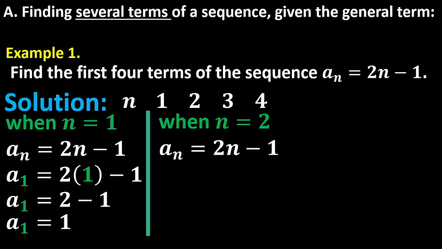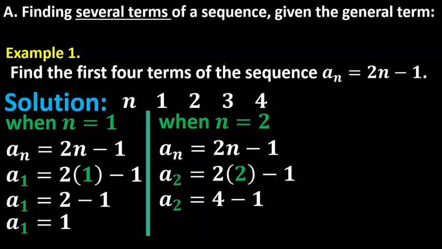Tapos yung 2n magiging 2 times 2. Okay. 2 times 2, that is 4. So, meron kang 4 minus 1. And 4 minus 1, that is 3. So, ibig sabihin, your next term is 3. So, yung unang term mo ay 1, yung pangalawa ay 3.